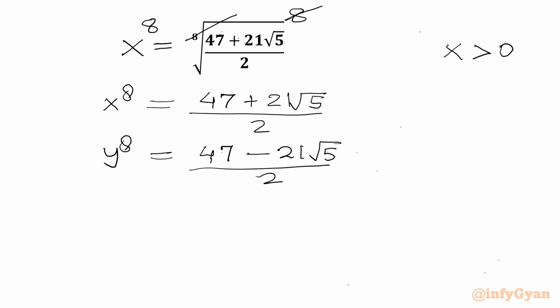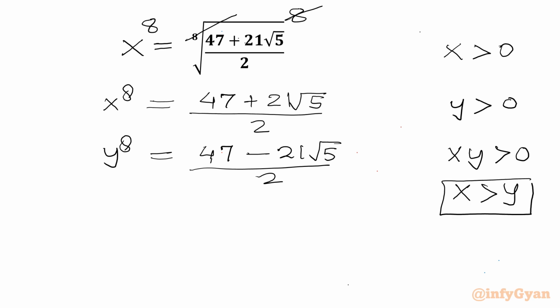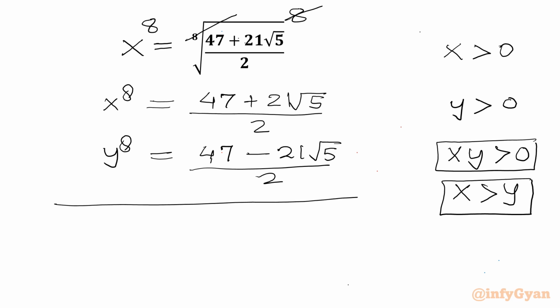Two points we can write from here. y should be greater than 0, and because x is positive and y is positive, xy will be positive. Another observation we can write: x should be greater than y. So two important results which we will use: x greater than y and xy positive. Now I will add these two equations.